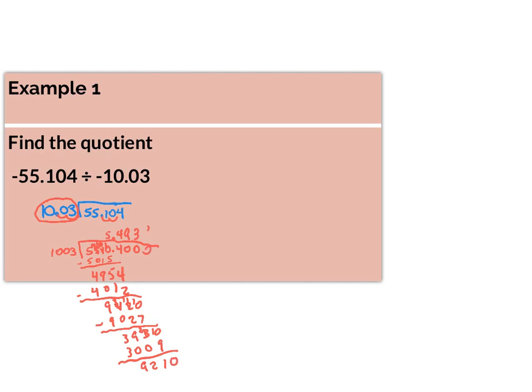Put a 0. 9 times 1003 is 9027. You've got to borrow. 10 minus 2 is 8. I'm sorry that this gets a little small on you.